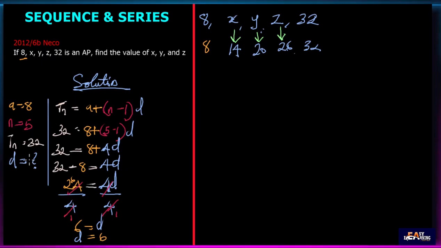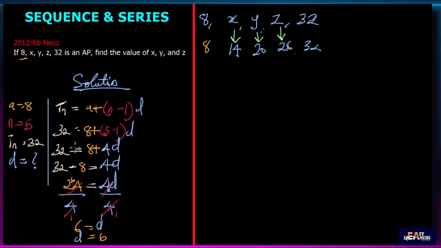We didn't have D, and if we have D, we add it to 8 to get x, add it to x to get y, and so on. So we solve for it using this formula: where we see Tn we impute 32, where we have A we impute 8, and 5 in place of n.